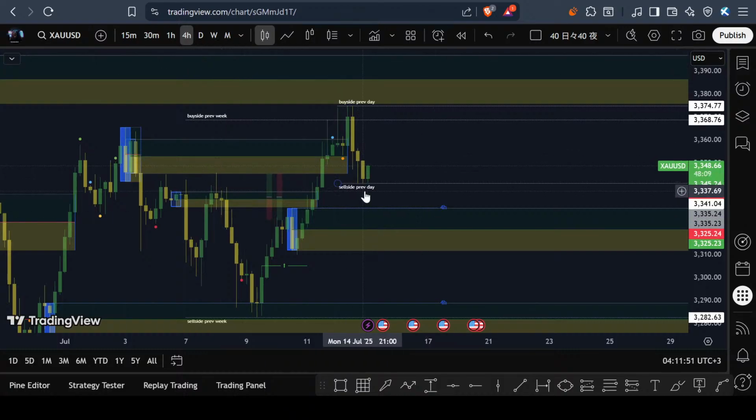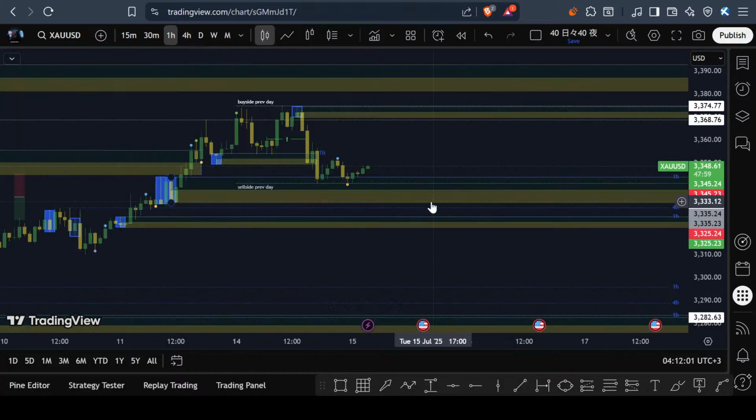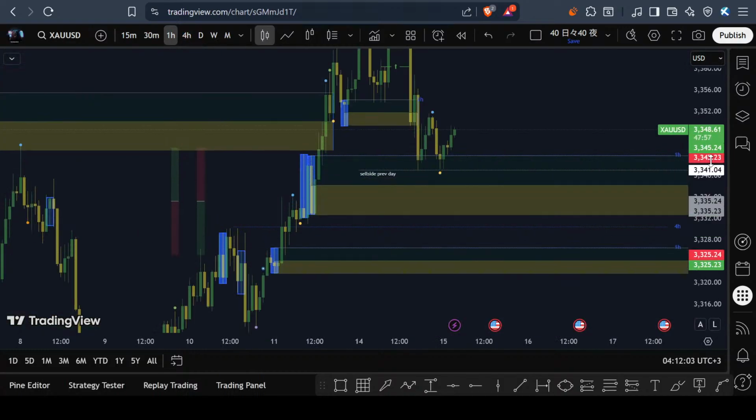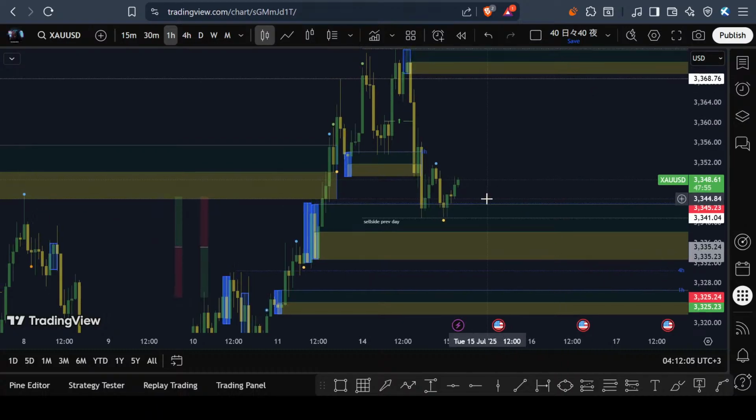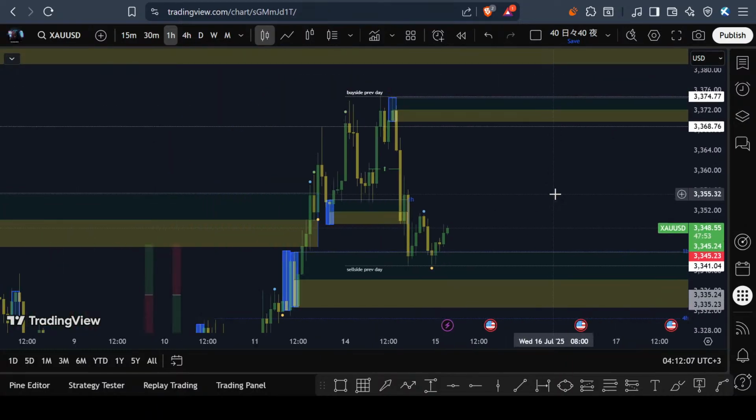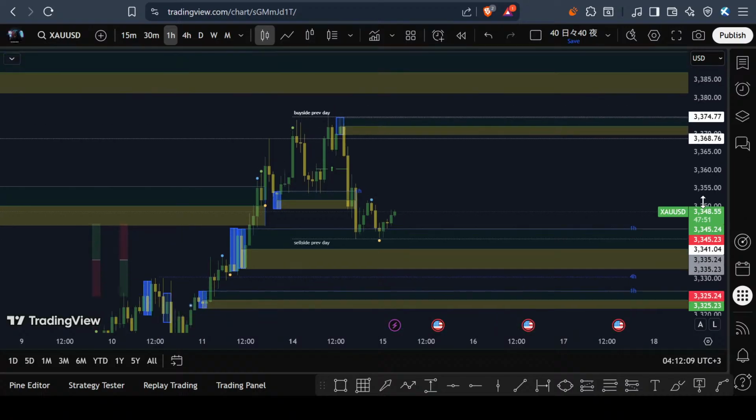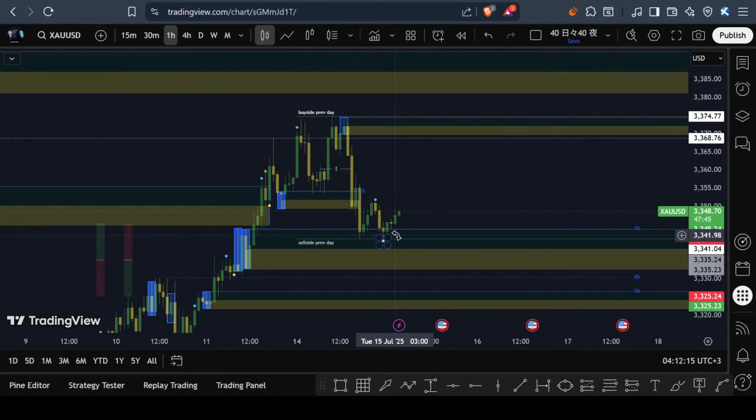Price may be taking these lows and continue pushing. Price may already continue pushing to target the highs of the previous day. Looking at the 4 hour, what is the 4 hour doing? What I'm seeing is pretty much, I'm seeing a setup forming here.